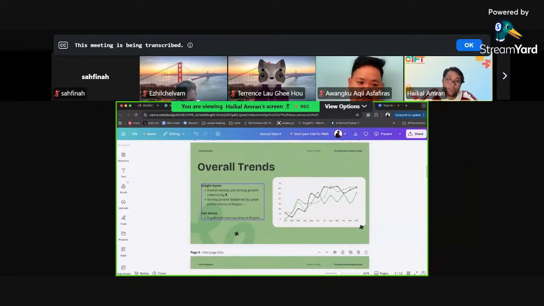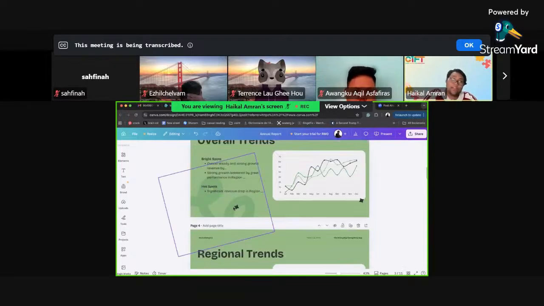For example, overall trend here, you can right away say overall steady and strong growth in revenue for Grab between 2022 to 2024, for example, by how many percent, with what product being the most, or with what region being the most. Strong growth bolstered by great performance in region Central, which for example noted like 300% of increase.